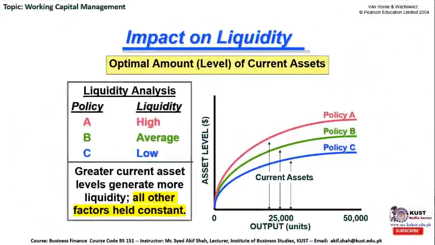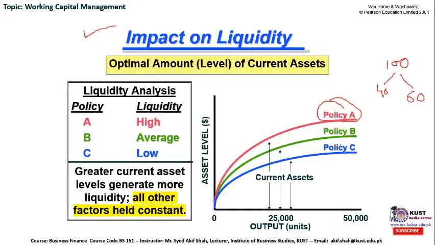So it is very important to have an eye on working capital management because it has certain impact on the liquidity of the company. So let's discuss the first impact of working capital management on liquidity of the company. Let's suppose the company has a high level of current assets, for example, the total assets in the company are 100, the current assets are 40 and the fixed assets are 60 rupees or dollars.